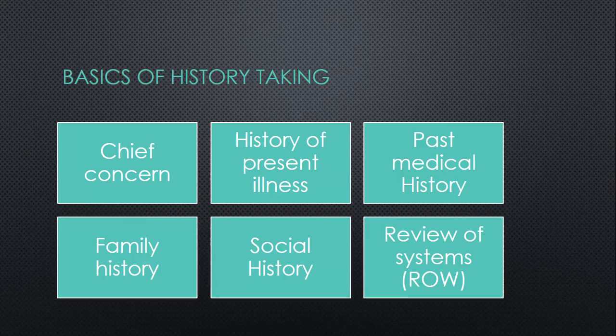So chief concern is what in Spanish we would call motivo de consulta, right? The next one would be history of present illness. In Spanish it is la historia de la enfermedad actual, right?